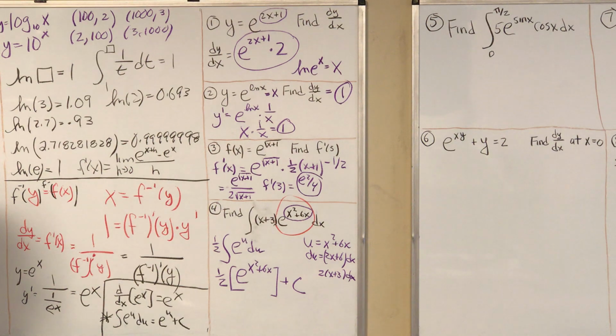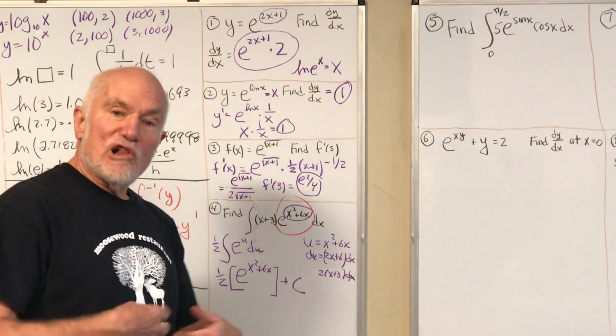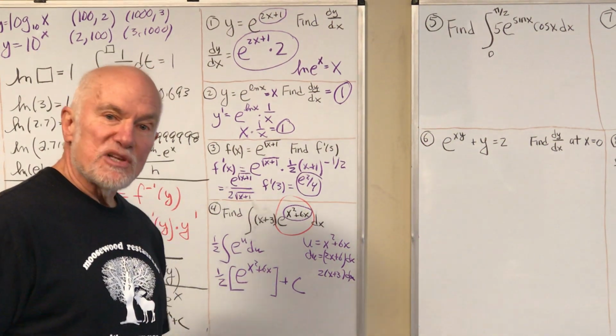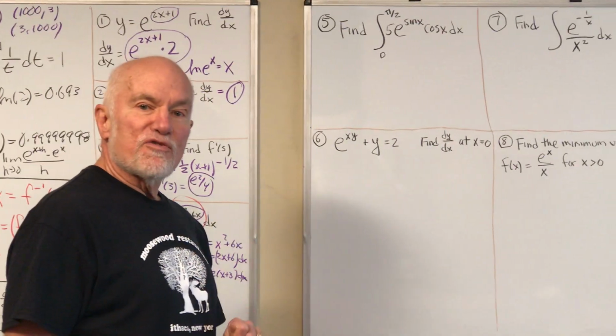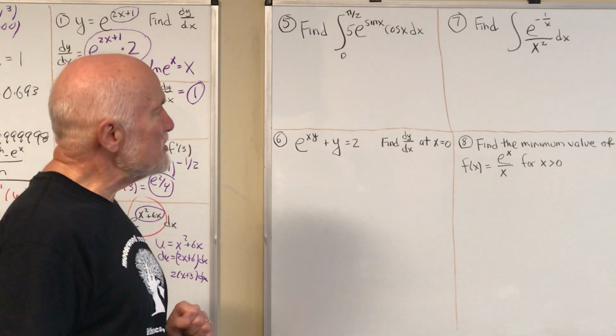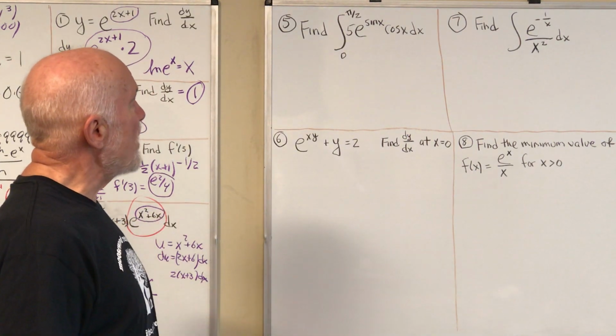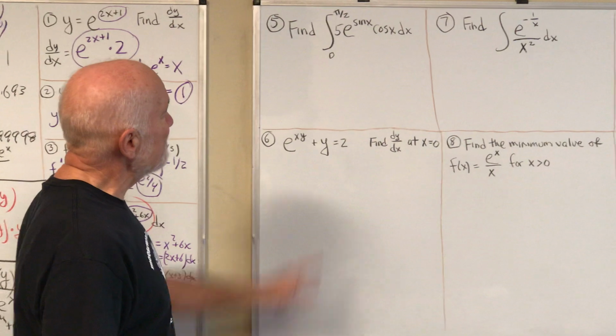So I think we will shift over now to the other board and just do 6 more problems. And we are getting close enough to the end of the chapter that I've actually brought a few things from earlier chapters in that we should be trying to remember. Not this first one.